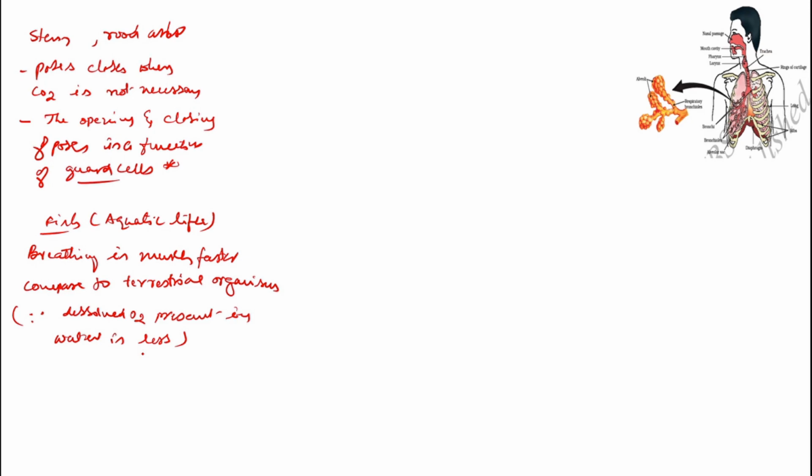Okay, so dissolved oxygen is taken up by gills. So this is also an important point. Okay, now we will move to human beings.